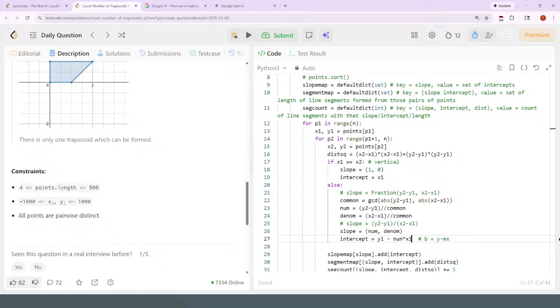Numerator times x1 divided by denominator. Oh boy, is this gonna work? Well, I already have the reduced slope.